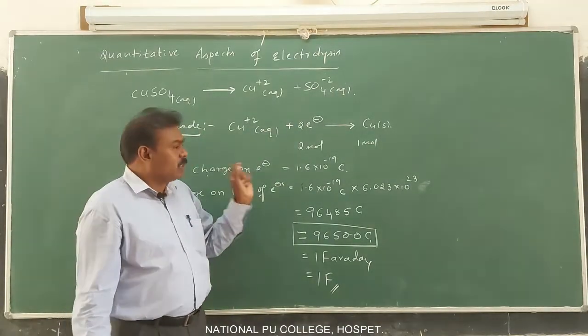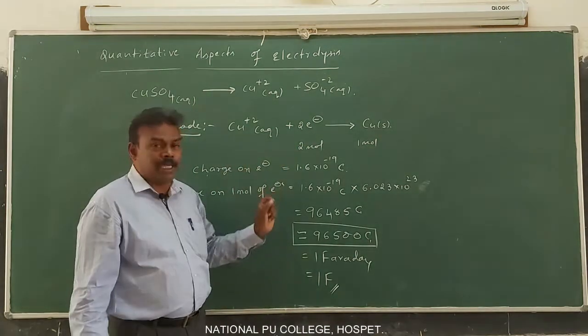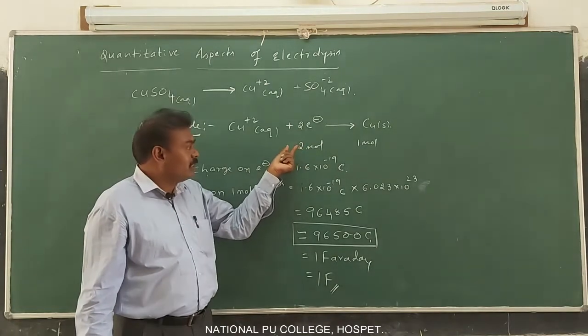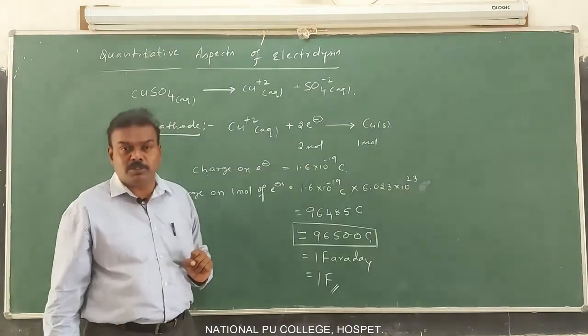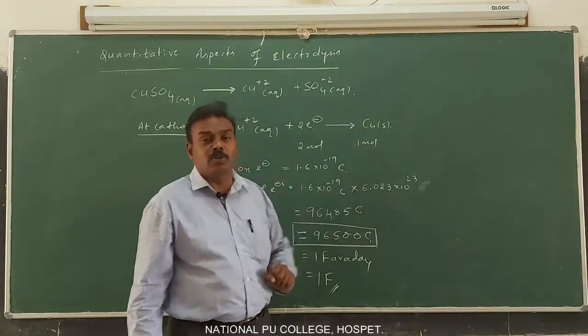Suppose the charge flowing through the wire contains less than 2 moles of electrons, then the amount of copper deposited is less than 1 mole.